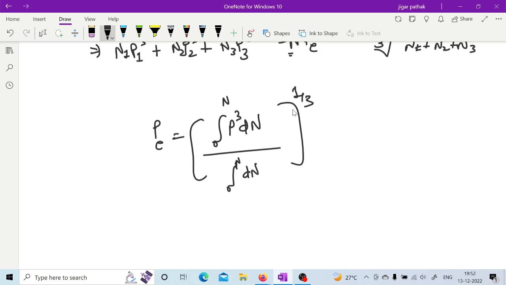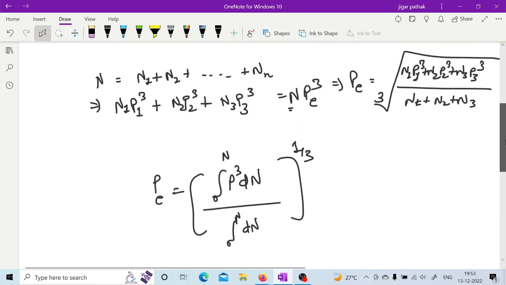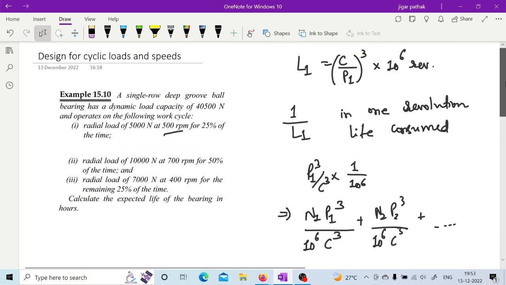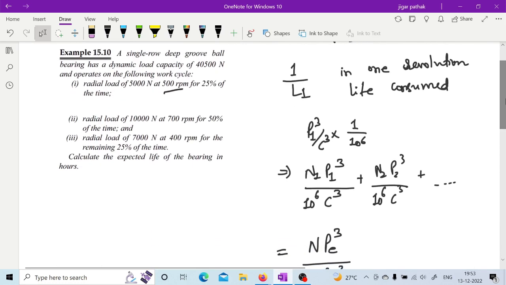So now having this idea about cyclic and fatigue loading, you can attempt this particular question. It says, a single row deep groove ball bearing has a dynamic load capacity of 40,500 Newton and operates on the following work cycle.